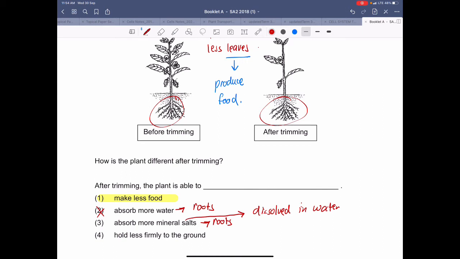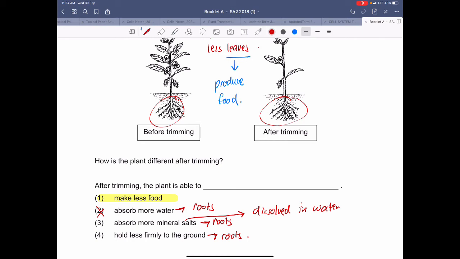So remember in transport, your xylem. Water goes up to the plant through the xylem, coloring it red. The reason why it's colored red is because the dissolved dye goes up together. Okay? Hold less firmly to the ground. This function is actually done by the roots.